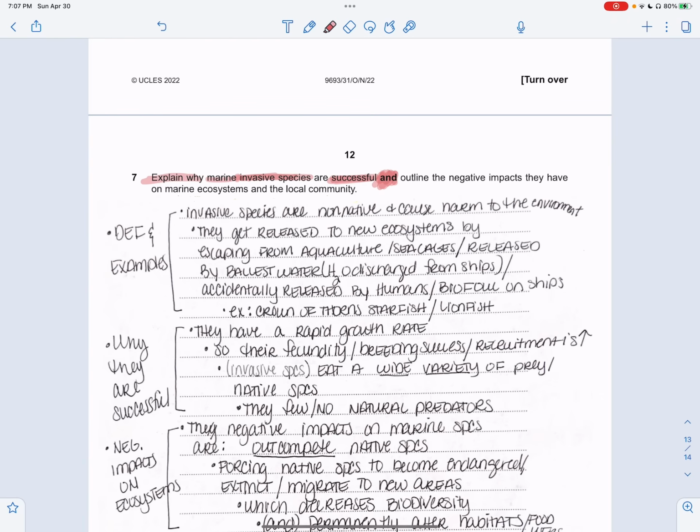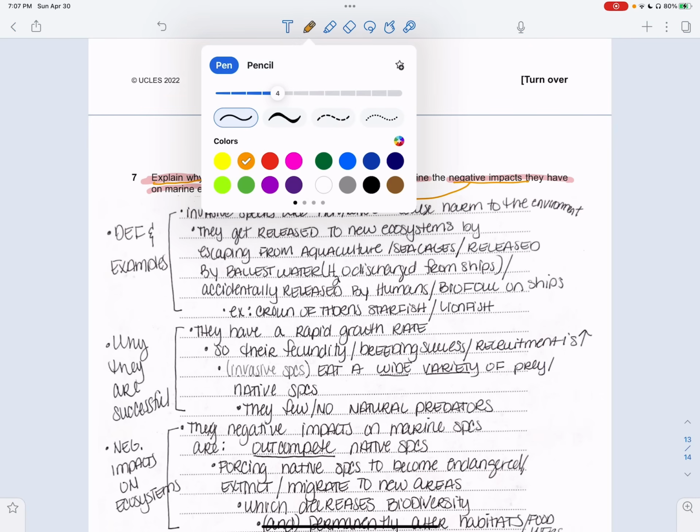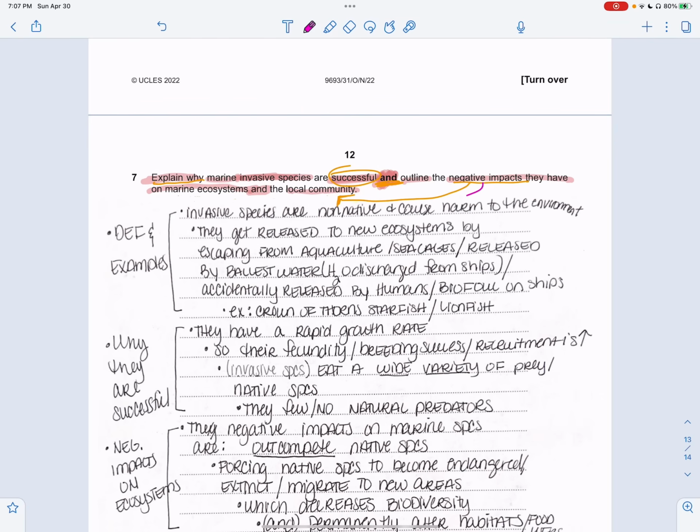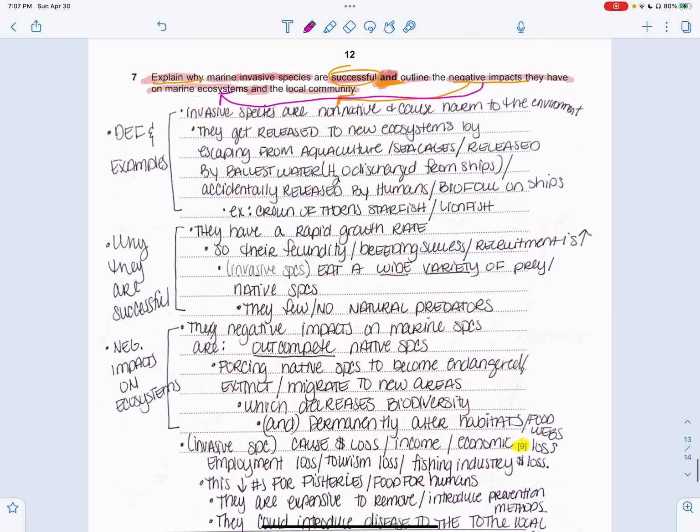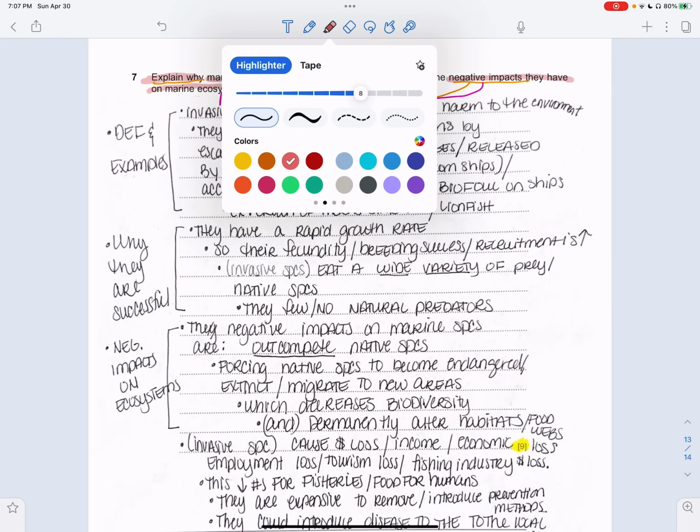And outline the negative impacts they have on marine ecosystems and the local community. So a little bit of a loaded question. Explain why, give reasons why they are successful, and outline negative impacts on the local community, but also outline negative impacts on marine ecosystems.